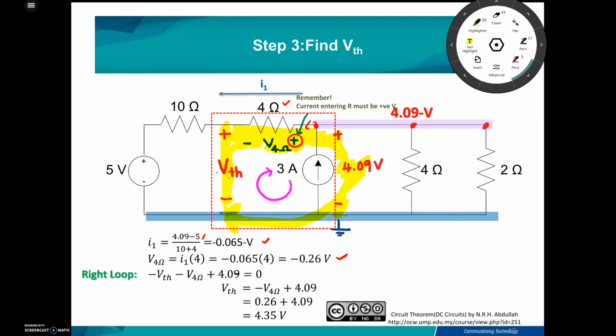So this one is 4.09, here is also 4.09, and also here is 4.09 volt. And then from the KVL equation stated here, you can find the Thevenin as shown in this equation: V Thevenin equals minus V 4 ohm plus 4.09. It means that minus 0.26 volt plus 4.09 is equal to 4.3 volt.